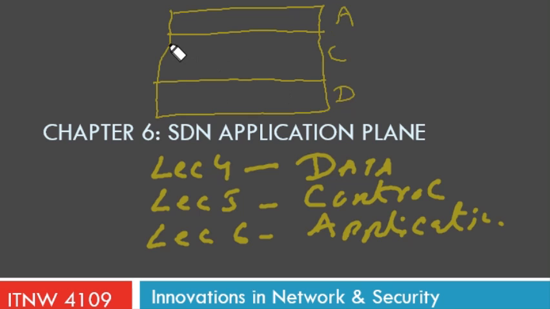We already discussed the northbound interface connecting the application plane and control plane, and the southbound interface between the control plane and data plane. The network resources reside in the data plane, the SDN controller in the control plane, and in today's lecture we are going to discuss the application plane. So let's go ahead.